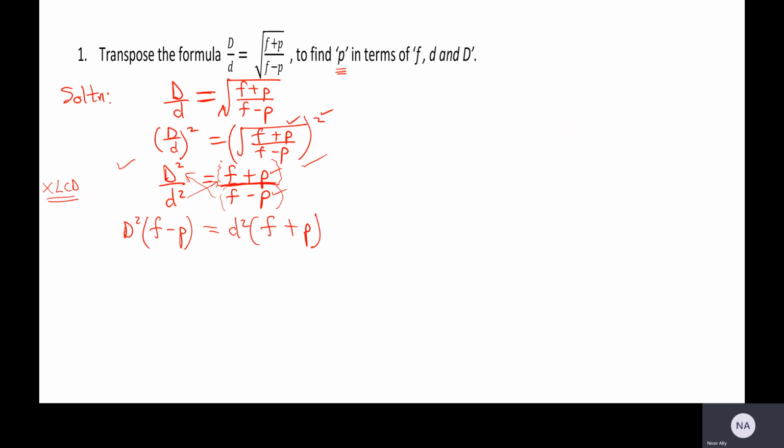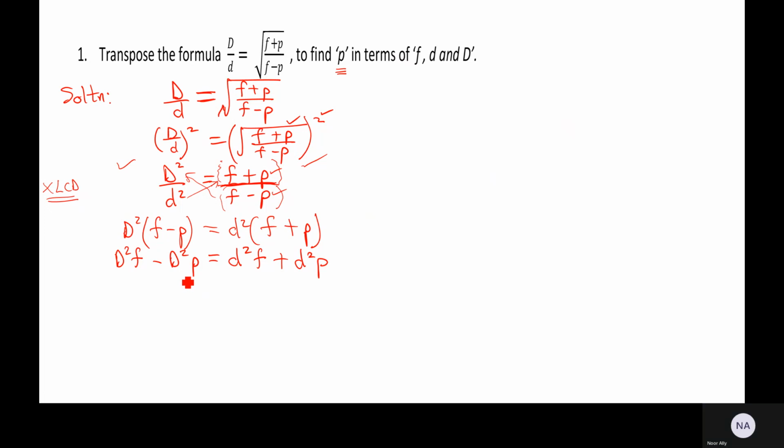But now let's see. We want to find F, and F is in the brackets. So I'm going to have to remove the brackets. Distribute D squared into the brackets, and small d squared into the brackets on the right-hand side. And I want those terms that contain P to remain on the one side.